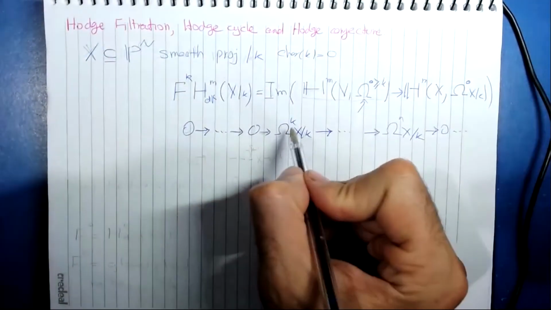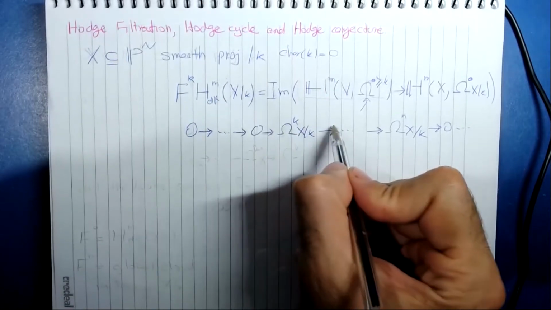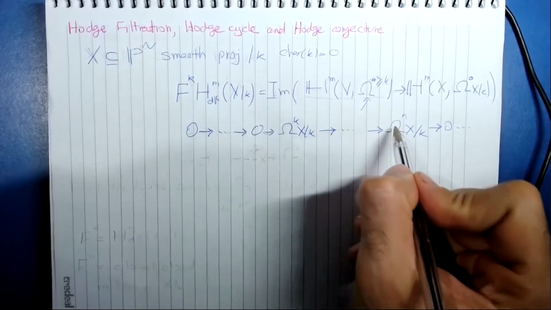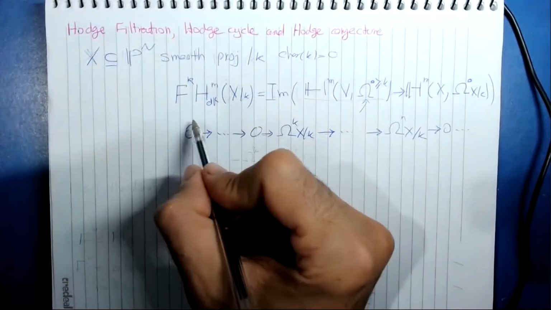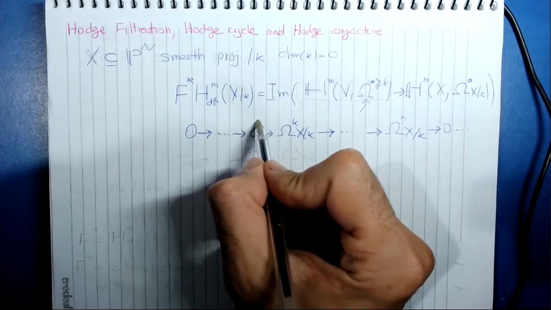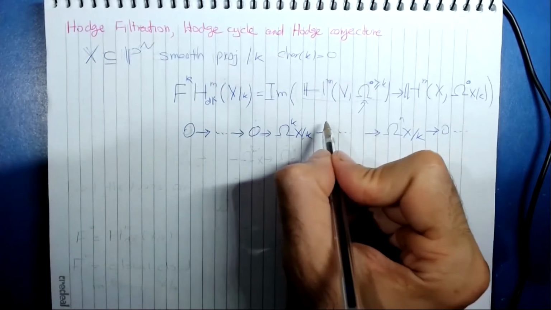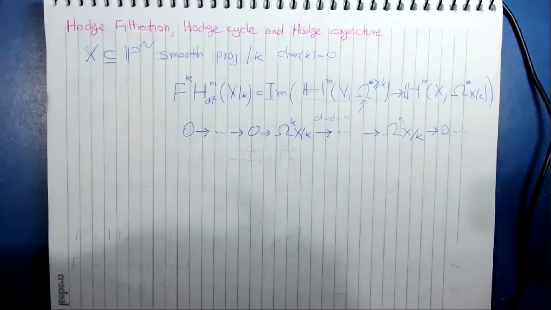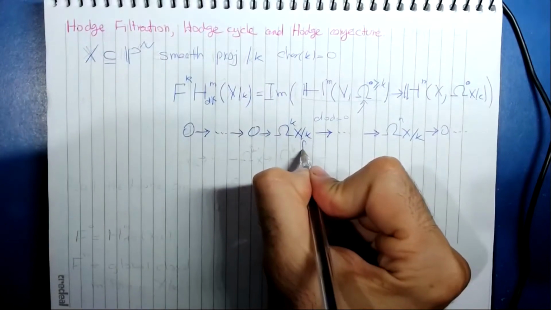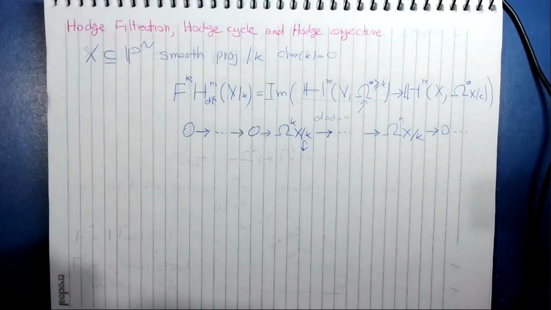Starting from Omega^k, it is just the usual differential forms: Omega^k, Omega^(k+1), until Omega^n. But for the differential forms of degree 0, 1, up to k minus 1, we just put 0. And this is still a complex because d squared is equal to 0. And the point is that this is a subcomplex of the usual complex of differential forms.